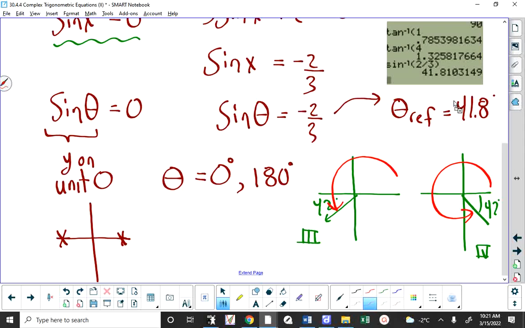You know, like a lot of the math in this course, every little step is easy by itself, but you put them all together and there's a lot to remember. If it's in quadrant 3, 180 plus 42 is 222. So 221.8 degrees. And if it's in quadrant 4, it's 360 minus 42, which is 318. So 317.2, I think.